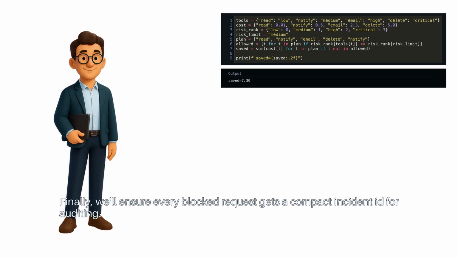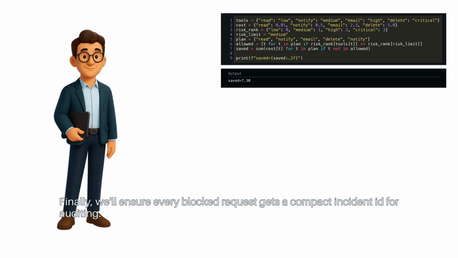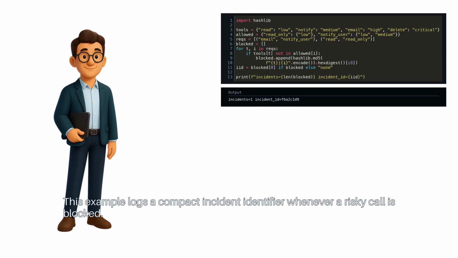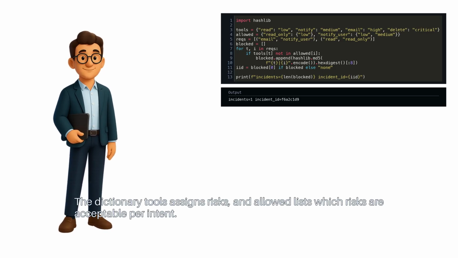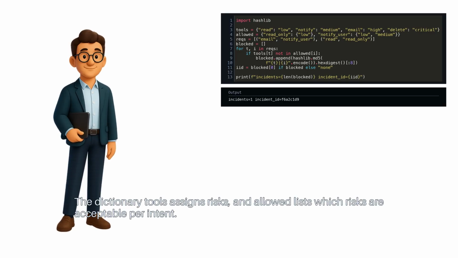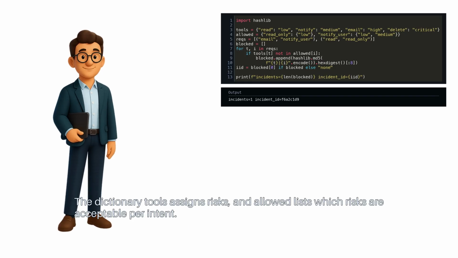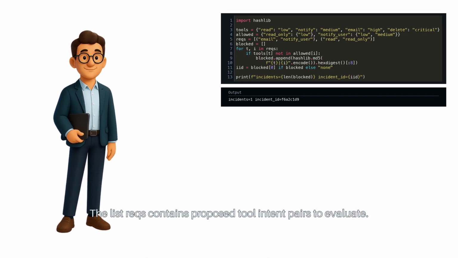Finally, we'll ensure every blocked request gets a compact incident ID for auditing. This example logs a compact incident identifier whenever a risky call is blocked. The dictionary tools assigns risks and allowed lists which risks are acceptable per intent. The list rex contains proposed tool-intent pairs to evaluate.